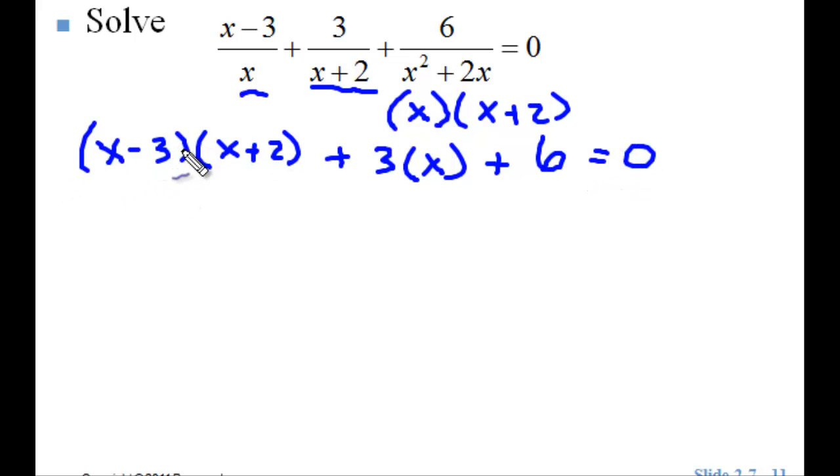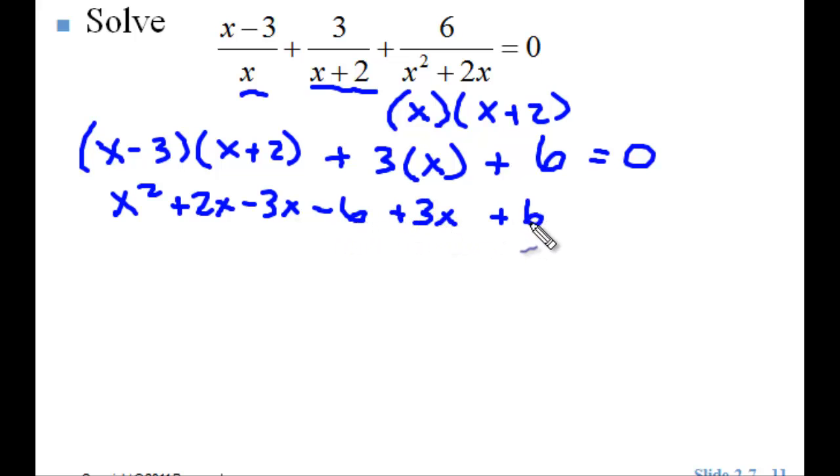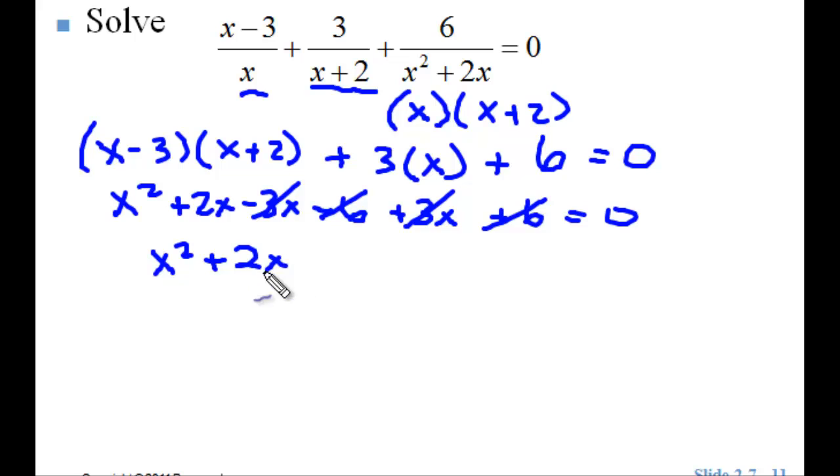Now we need to multiply this out. x squared plus 2x minus 3x minus 6 plus 3x plus 6 is equal to 0. Minus 3x and plus 3x, minus 6 and plus 6, gives us x squared plus 2x is equal to 0. Looks familiar. That's pure coincidence on this one.